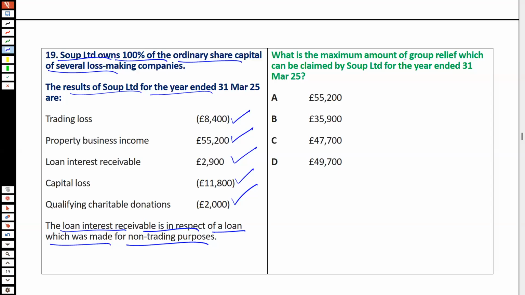Requirement: What is the maximum amount of group relief which can be claimed by Soup Limited for the year ended 31st March 25?